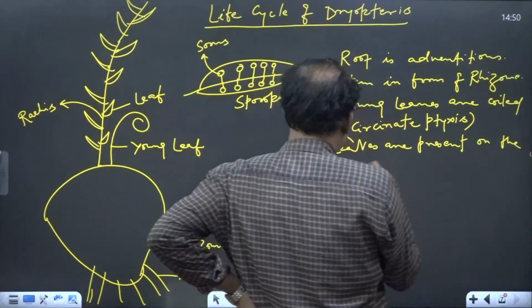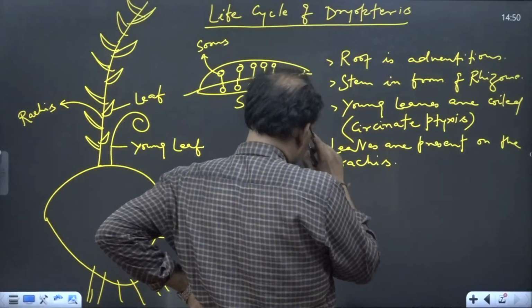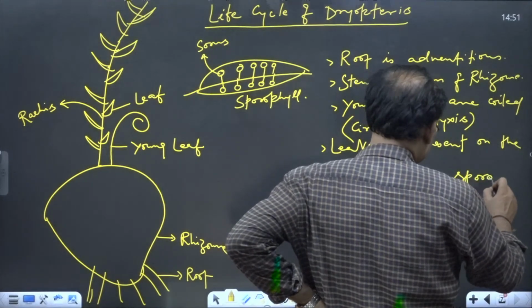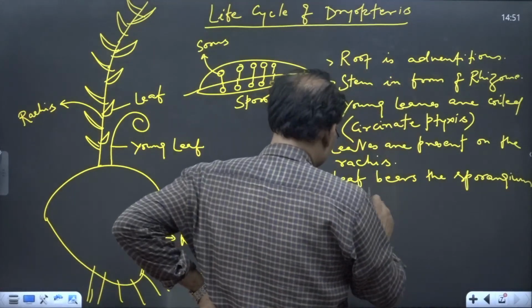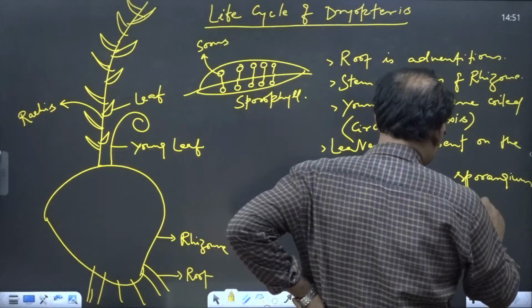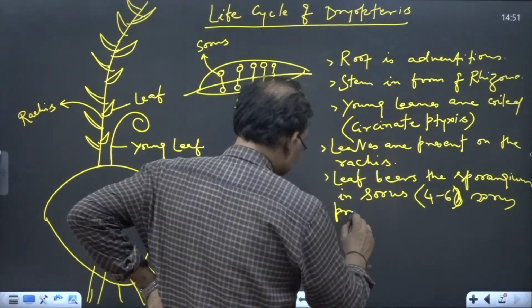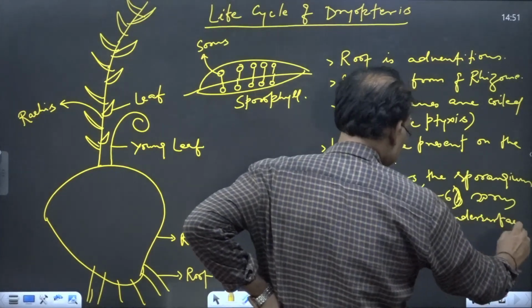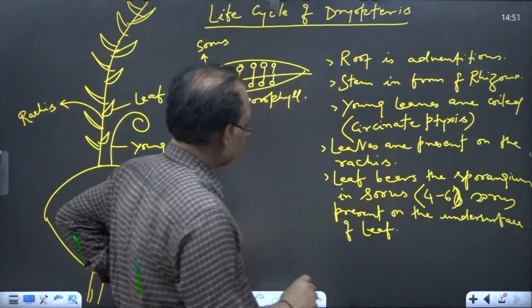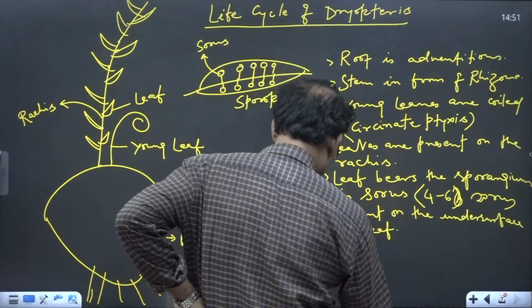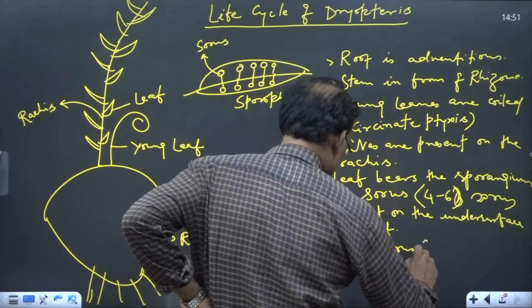Leaf bears the sporangium in sorus. There are 4 to 6 sorus present on the under surface of leaf. And there is a homosporous condition.